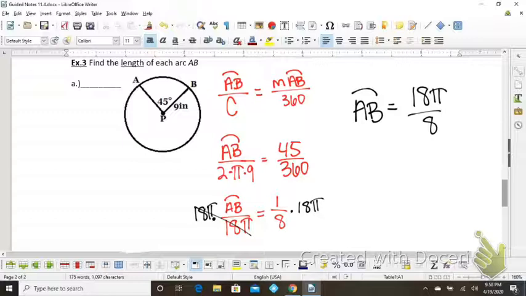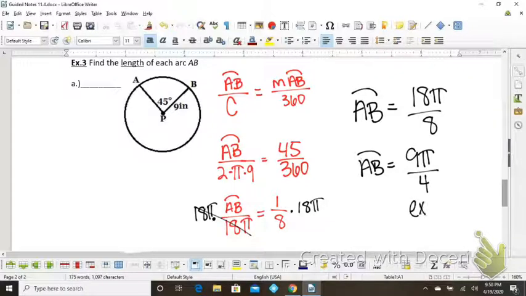We could divide top and bottom by 2. Arc AB is equal to 9 pi over 4.